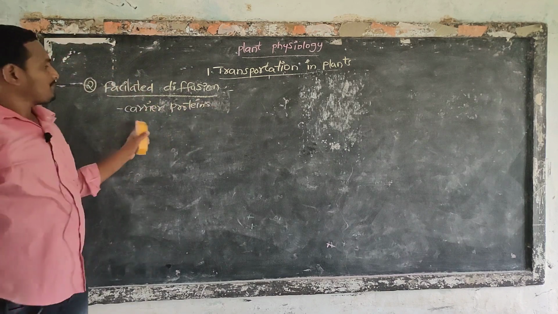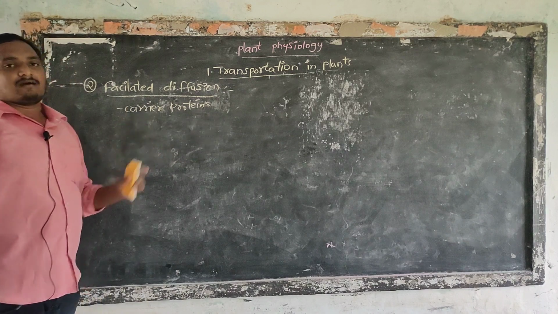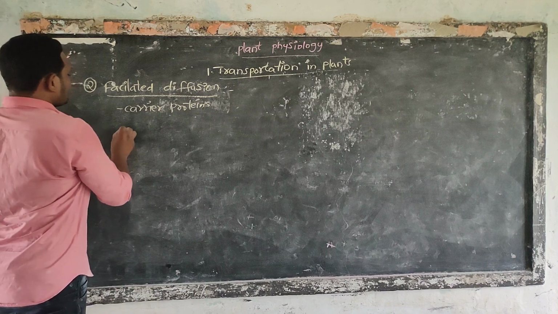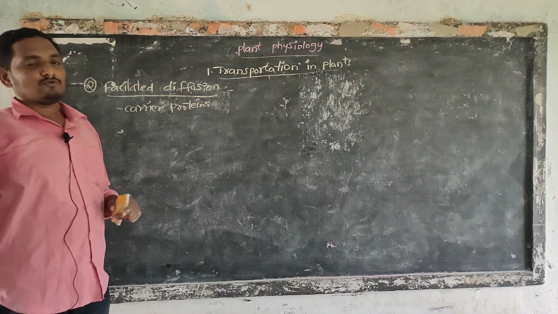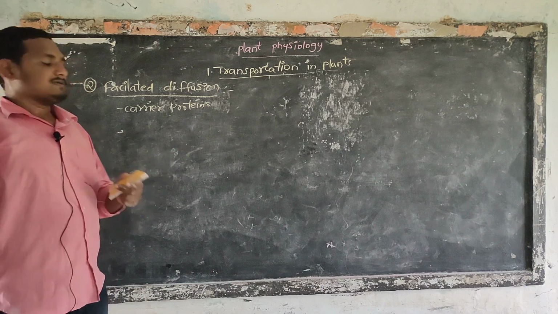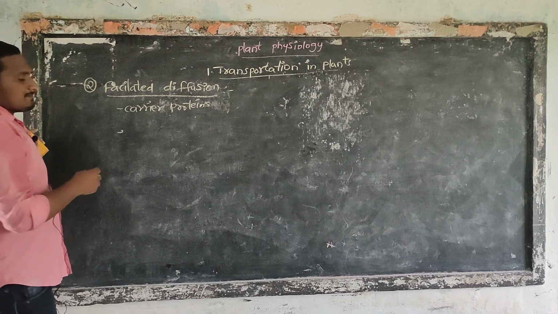It means the diffusion is done by proteins called carrier proteins. Carrier proteins mainly help the movement of substances from the outside to inside. Two types of proteins are there.